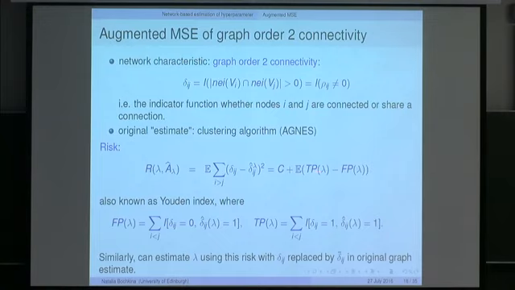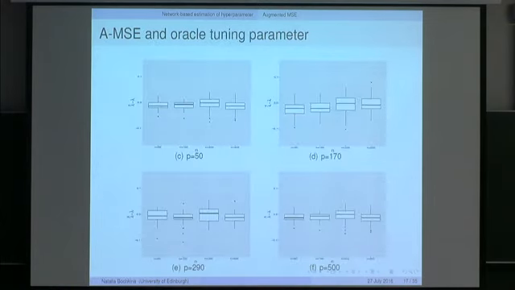It's just the expected value of the difference between the true positive and the false positive. So, and then a closer connection to the false discovery rate. I was also curious how close the estimate is to the oracle tuning parameter, so when we actually know the truth and take the actual expected value, for different p's and different n's. I don't know if you can see 50, 100, 200, and 500.